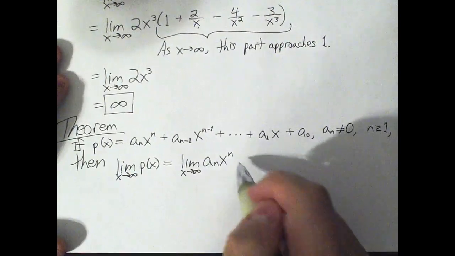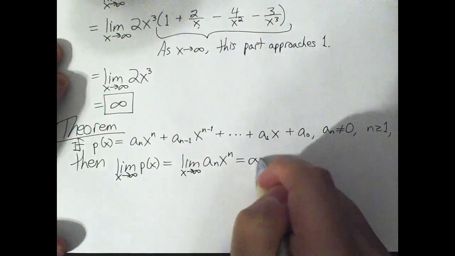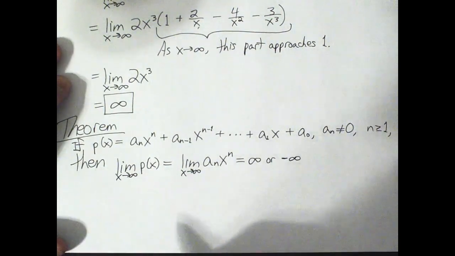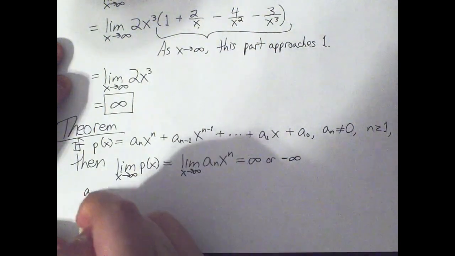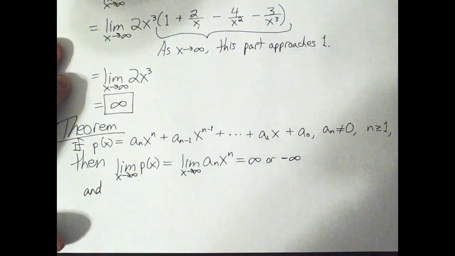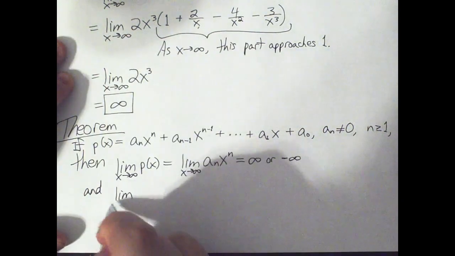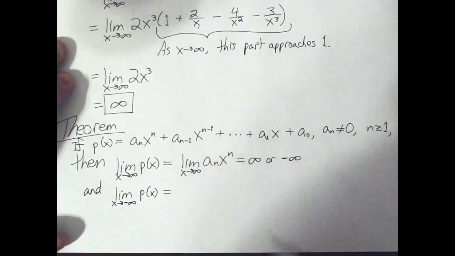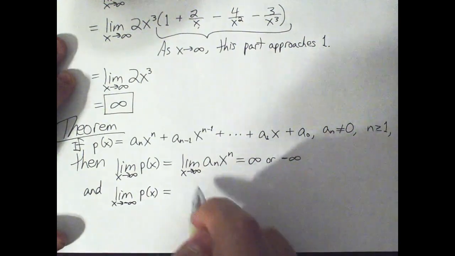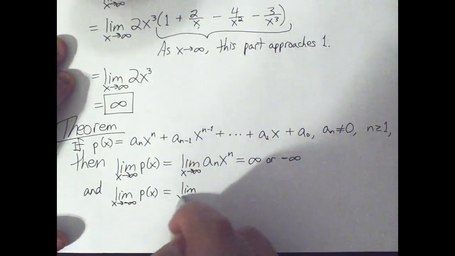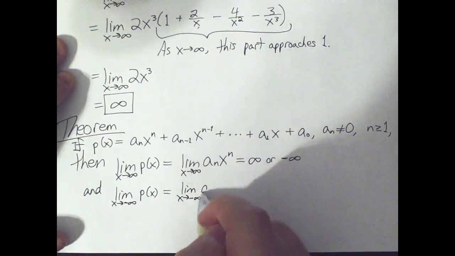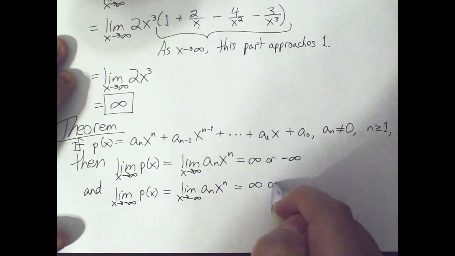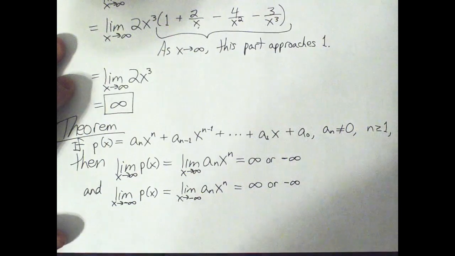Furthermore, this always equals infinity or negative infinity. And we've got a little more to write for this theorem. And the limit as x goes to negative infinity of the polynomial, if you had a negative infinity problem, is also going to equal the limit of just this term, and the outcome is also going to be infinity or negative infinity.